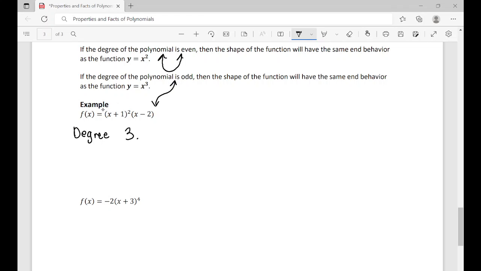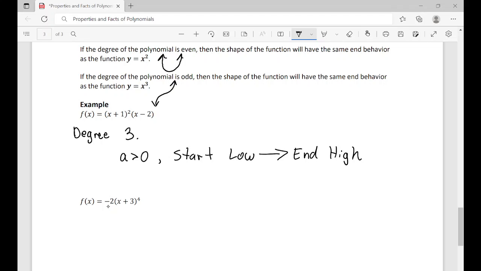And since the leading term here is positive, it's going to stay in this shape. It's not going to flip. So this polynomial, since a is greater than 0, is going to start low, and then as it goes along, it's going to end high.